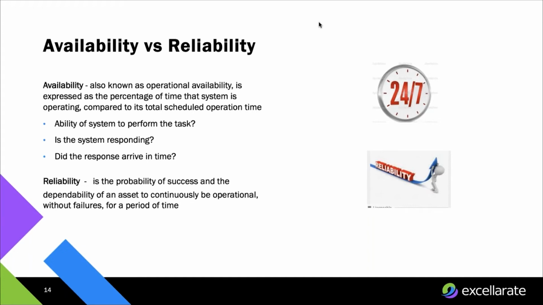It is also known as operational availability, expressed as a percentage of time that the system is operating compared to the total scheduled operational time, right? The three things that we need to know: the ability of the system to perform a task, is the system responding, and did the response arrive in time. So these are the three things which are very important for the application.